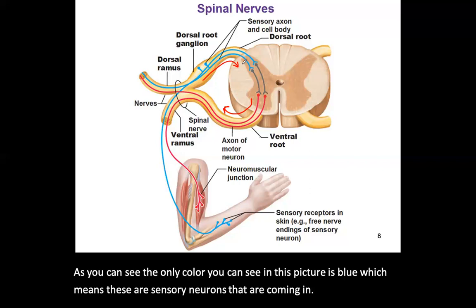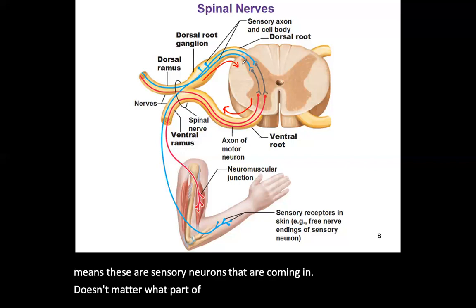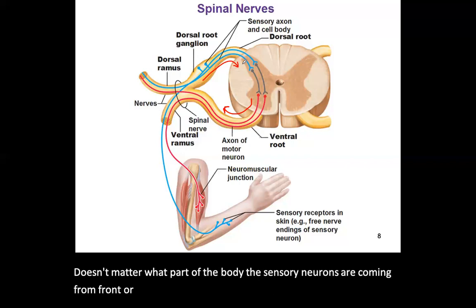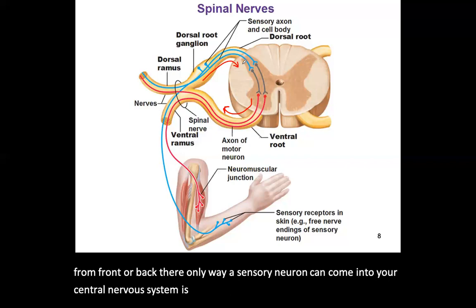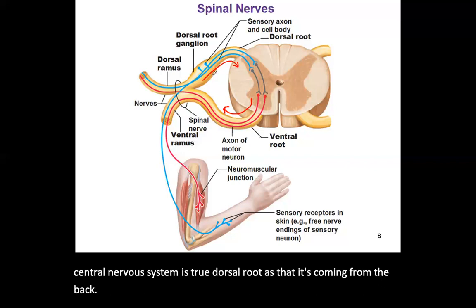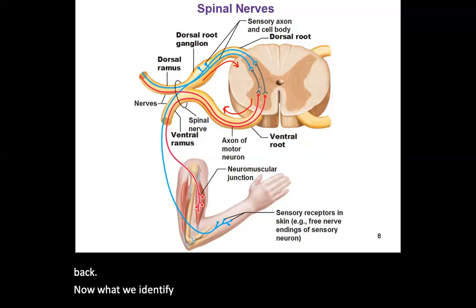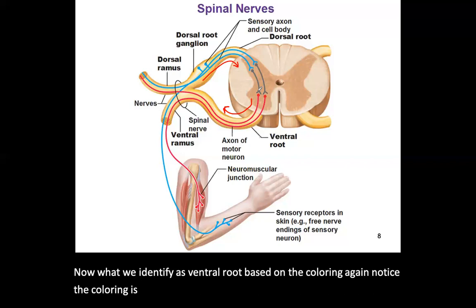It doesn't matter what part of the body these sensory neurons are coming from, front or back. The only way a sensory neuron can come into your central nervous system is through the dorsal root, as in it's coming from the back. Now, what we identify as the ventral root, based on the coloring, again, notice the coloring is red, which means these are going to be motor neurons.